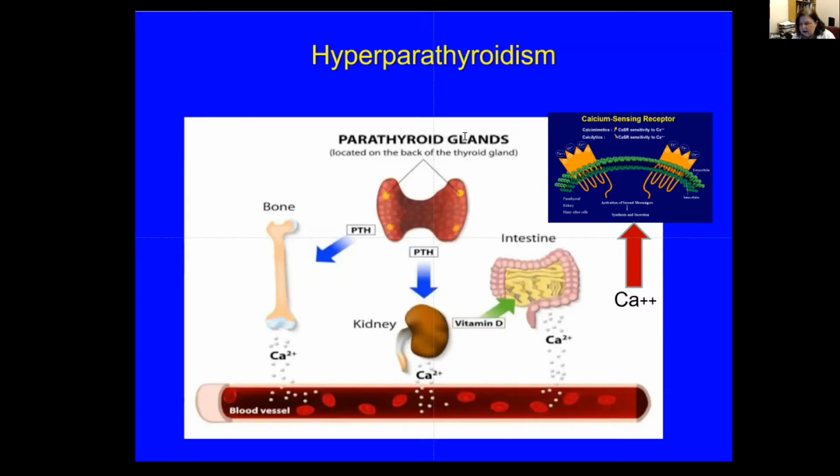So when you have hyperparathyroidism, you just don't have feedback regulation on the parathyroid. It keeps secreting PTH despite high calcium. That indicates a defect in calcium sensing receptor, either from an adenoma that became autonomous or from a genetic defect or antibodies against the calcium sensing receptor.